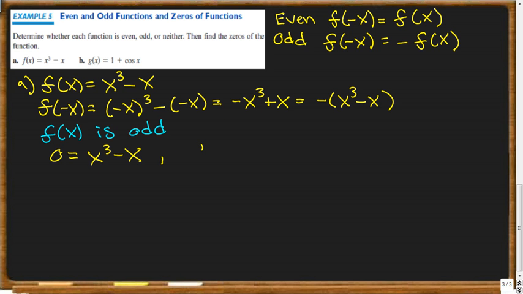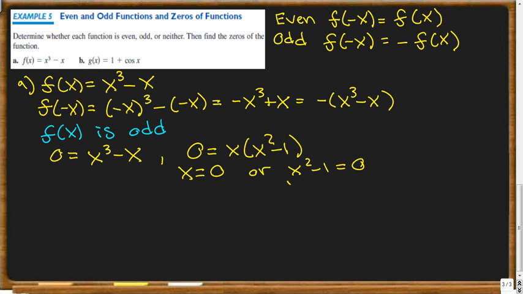So we're going to have 0 equals x times x squared minus 1. At this point, we have factored. We have two things multiplied together. So we can say x equals 0 or x squared minus 1 equals 0, which means that x would equal positive or negative 1. So here are the zeros for that function.